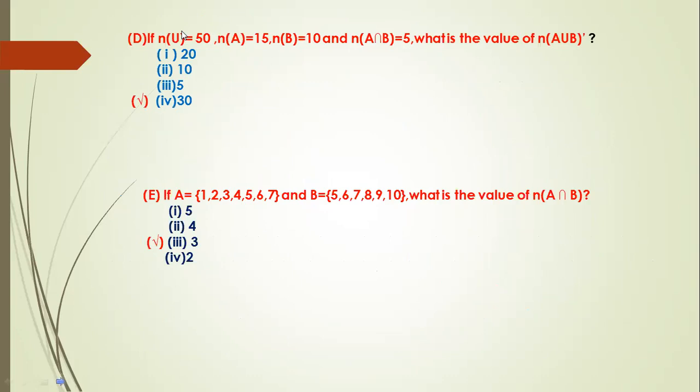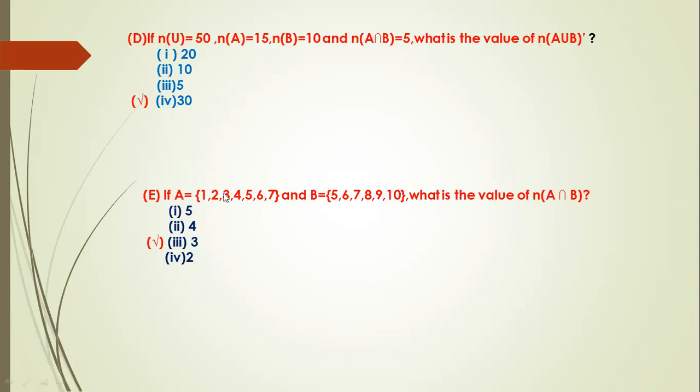Here, n(U) equals 50, n(A) equals 15, n(B) equals 10 and n(A intersection B) equals 5. What is the value of n(A union B)? We have to use the formula. n(A union B) is n(A) plus n(B) minus n(A intersection B), that is 25 minus 5, 20, and 20 should be subtracted from the universal set, then it will come 30.